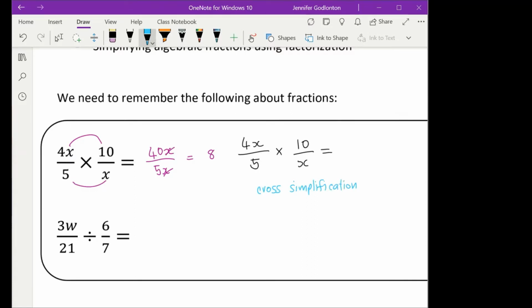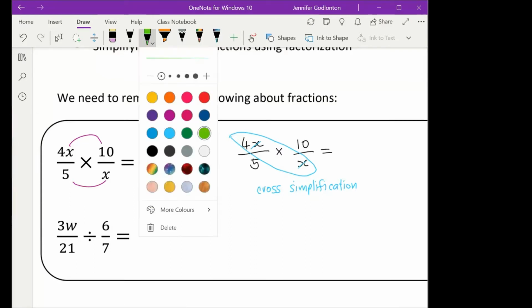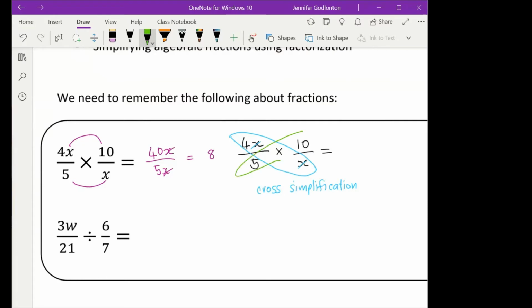Okay, if I'm looking at my cross simplification, I'm looking at those two, and I'm saying, what can go into both of those terms? And I can see that x can go into both of them, so I can cancel my x's. And then I want to look at what can go into both of those terms. And I can see, well, 5 can go into both. 5 can go into itself 1 time, and 5 can go into 10 2 times.